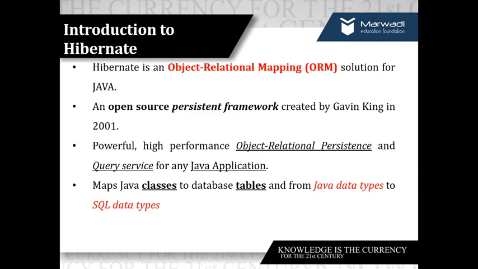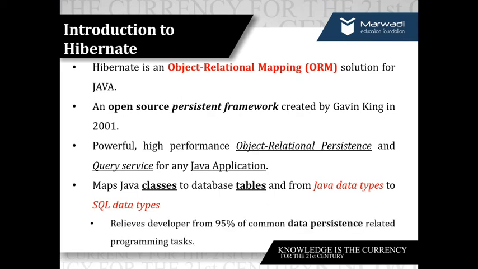This is one of the biggest challenges, to convert the data types to and fro when the data goes from an application to a database. Hibernate takes care of all these things. So that makes application development much easier for developers. It relieves developers from 95% of tasks related to data persistence.